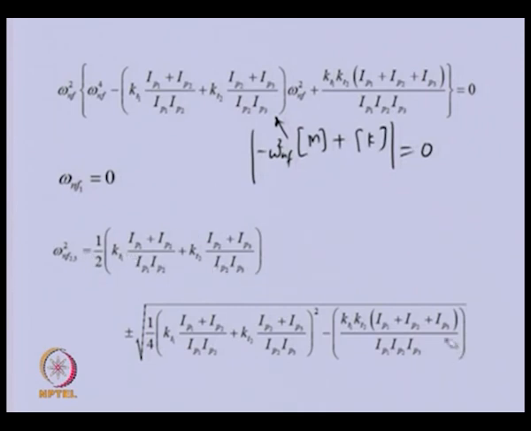So if we know the polar moment of inertia of the various disks and the torsional stiffness of the shafts, we can obtain the natural frequencies of the system. Here we got 3 natural frequencies, out of which one has 0 value. So we have seen how to obtain the natural frequencies of a 3 disk rotor system.